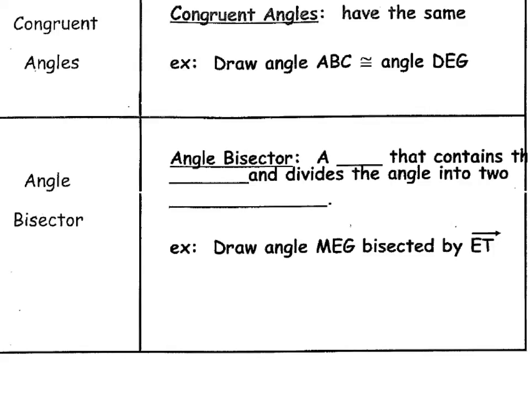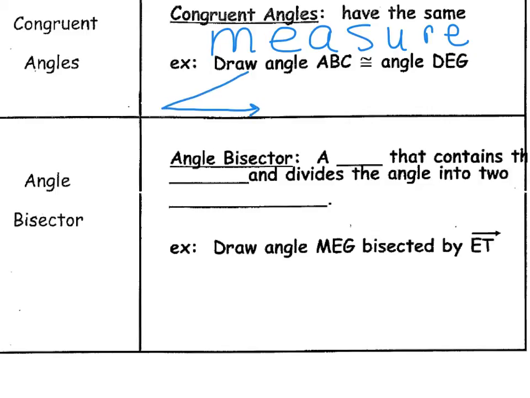It says congruent angles have the same measure. Their measures are equal. So for example, it says to draw angle ABC congruent to angle DEG. We're going to draw an angle. Make sure you put rays on the end.